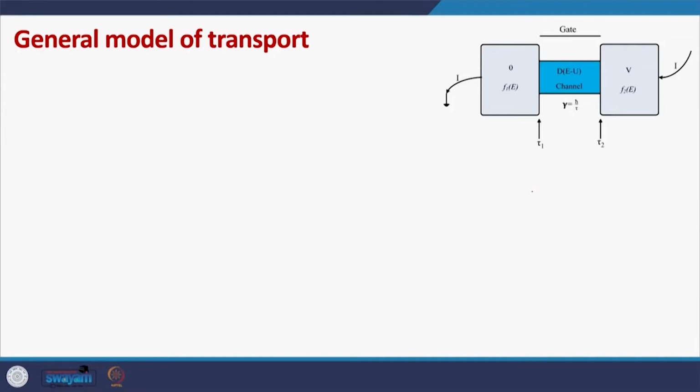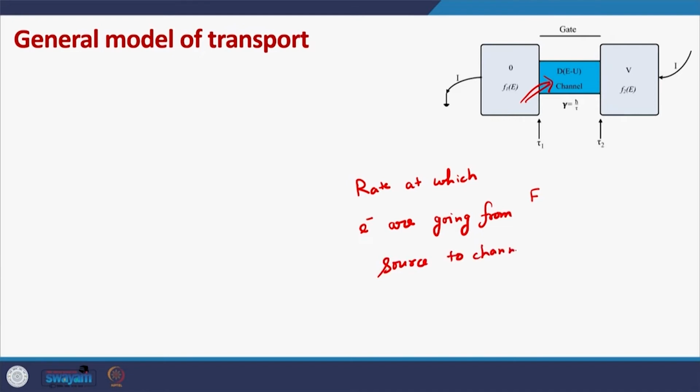In steady state, the rate at which electrons are going from source to channel is F1, and the rate at which electrons are going from channel to drain will be minus F2, as we have seen earlier.